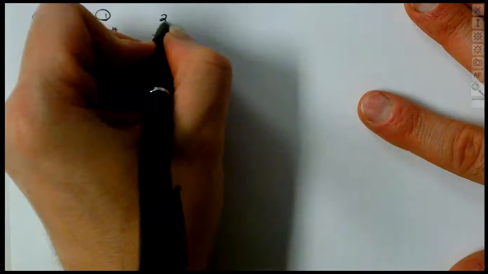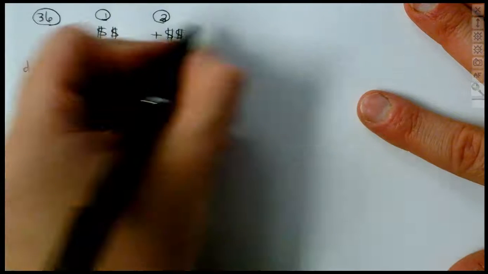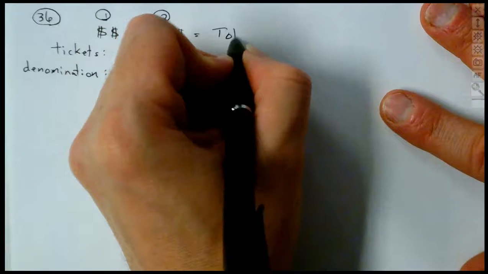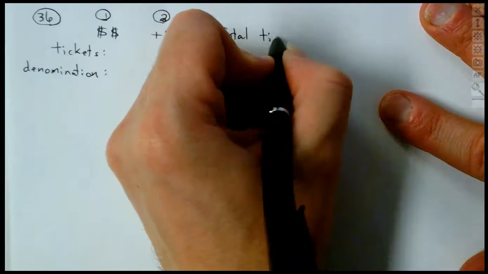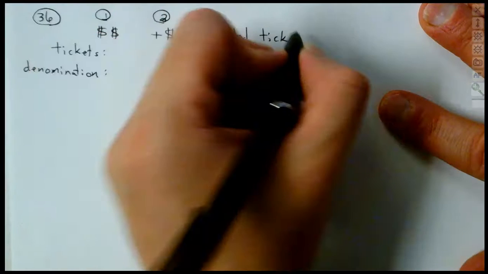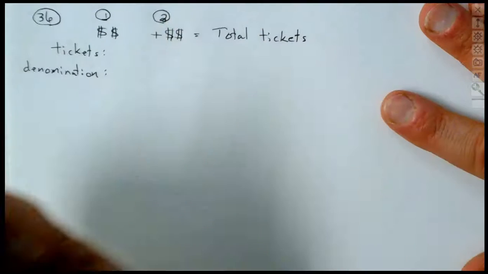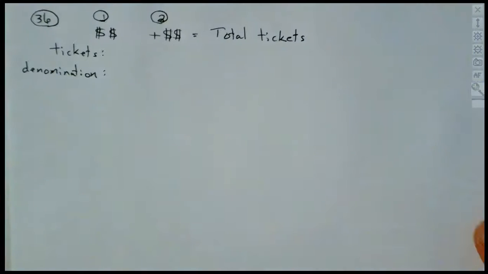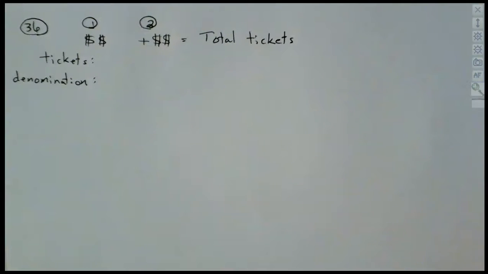And then over here, we of course have our total tickets. Not the cost, the total number of tickets. So we always have to make sure we label things because we don't want the cost yet, we want the tickets.